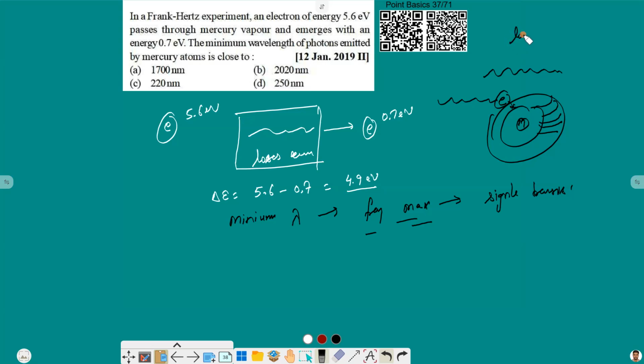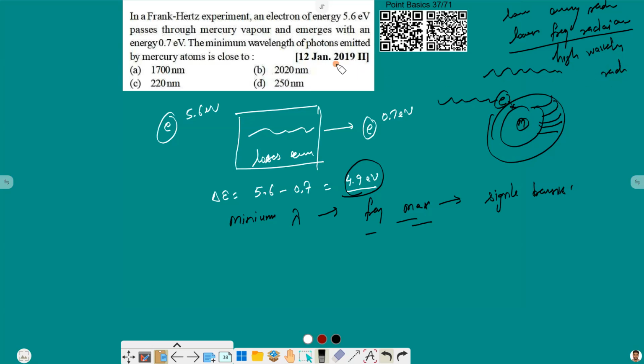low frequency radiation, because that energy 4.9 electron volt is distributed between different radiation. So we will get low energy radiation, and low energy means low frequency radiation, and low frequency means high wavelength radiation.